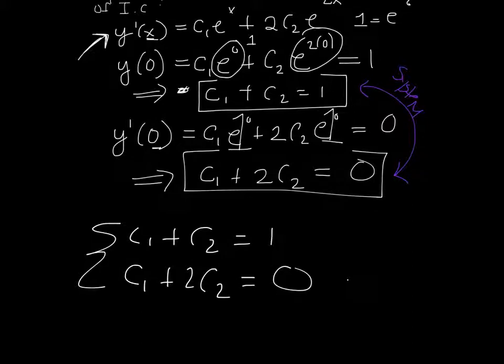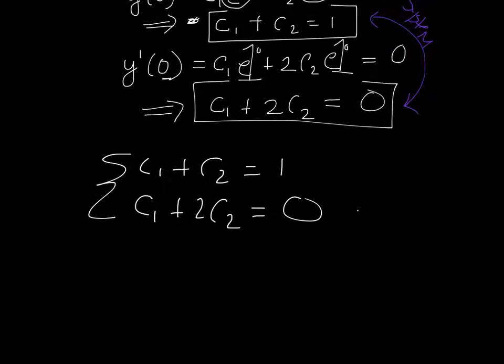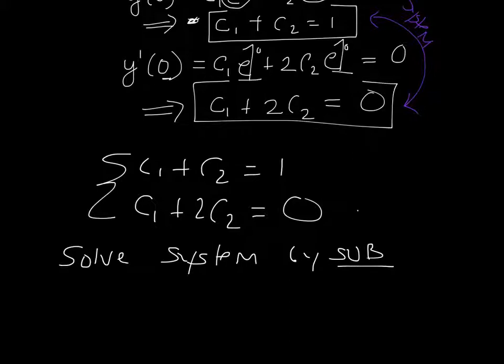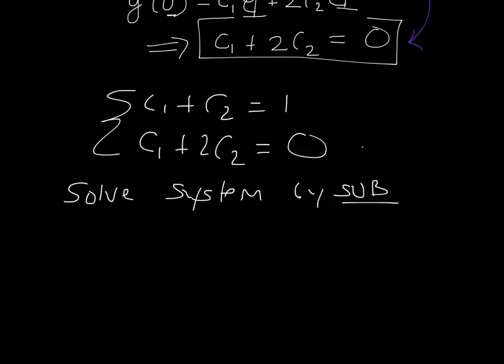And, I mean, from algebra, we can solve this using substitution, elimination, matrices. It doesn't matter. It's only a two equation and two variable system, so it's pretty easy to solve. So I'm going to solve this system by substitution. Again, if you want to use elimination, that's fine.